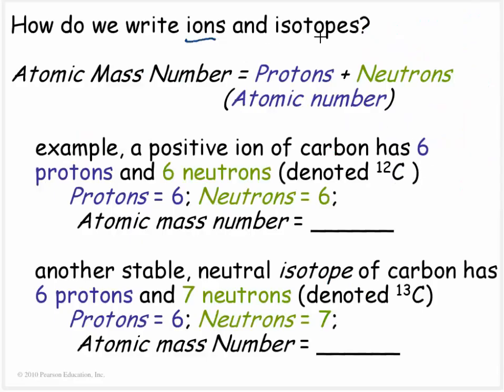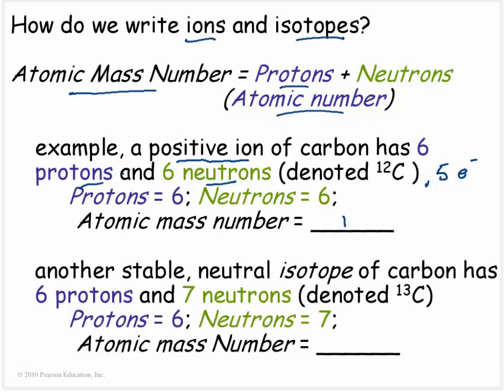So how do we write ions and isotopes? Well, coming back to the slide where we talked about atomic mass number, how the atomic number is related to the number of protons, and atomic mass number is the sum of protons plus neutrons. If we wanted to write a positive ion of carbon, it's going to have 6 protons, 6 neutrons, and only 5 electrons.